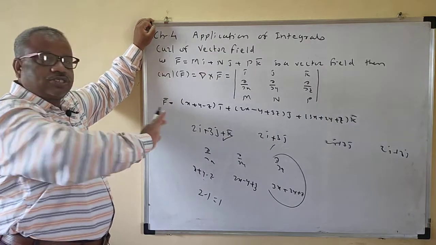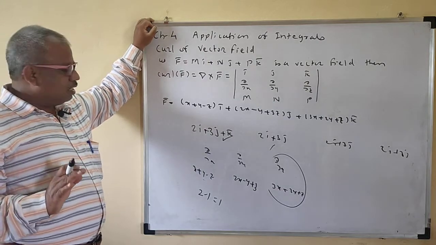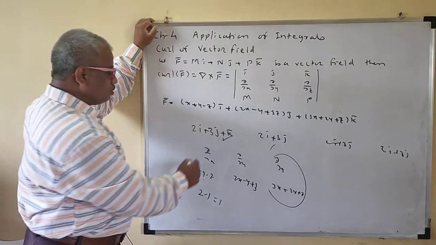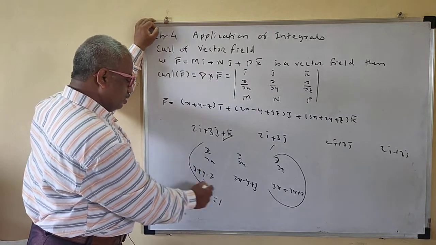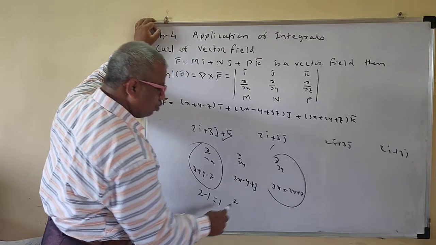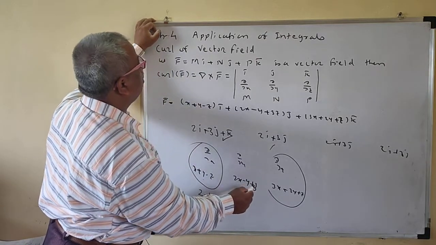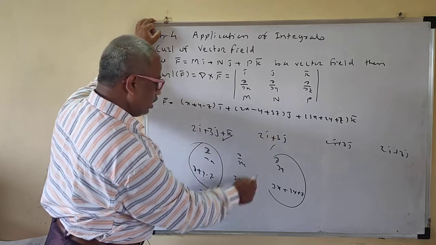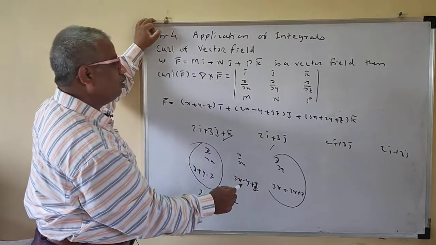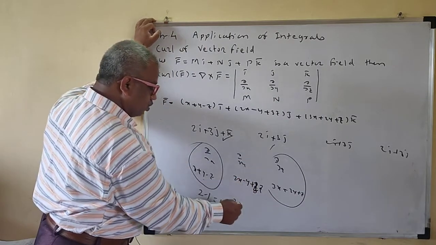If the first component is not the same in all the options, then find only the first component. For the first component you have to drop this column. Then dou by dou y of this one is 2, and dou by dou z of this one, the 3z term, is 3.